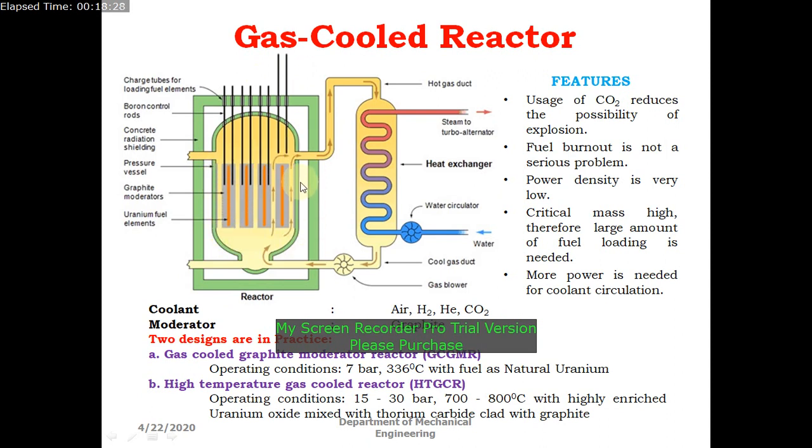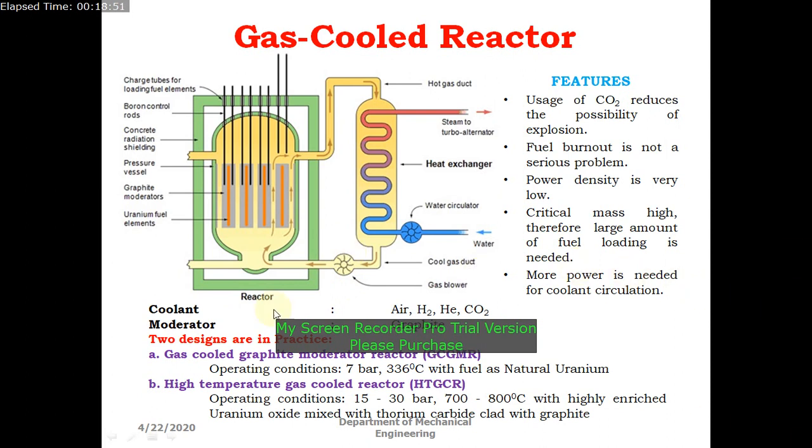So we have to be very careful while starting the reactor itself. And as we mentioned, more quantity of coolant, that is the gas, is to be circulated. So definitely the machine will consume more power also.